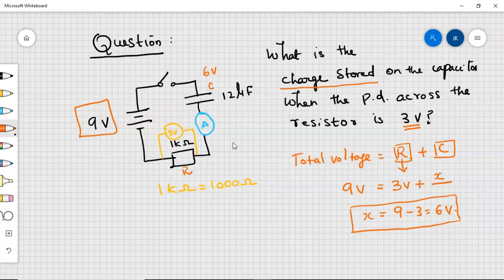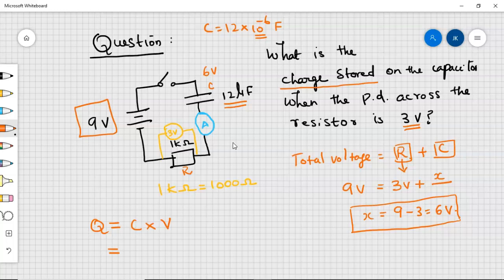We have a formula. Charge stored is equal to capacitance of the capacitor times voltage across the capacitor. The capacitance is 12 microfarad, which can be converted like this. 12 micro is 10 to the power minus 6.